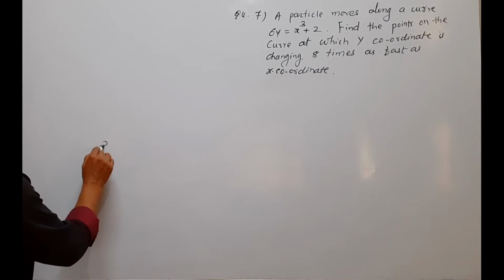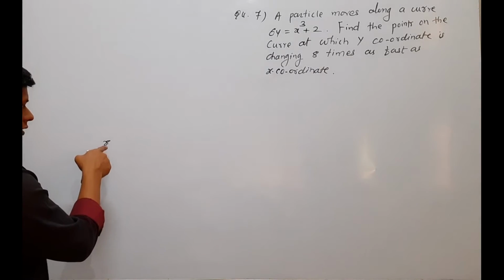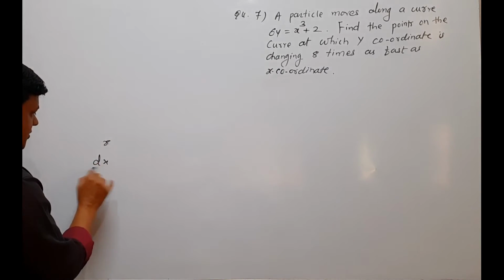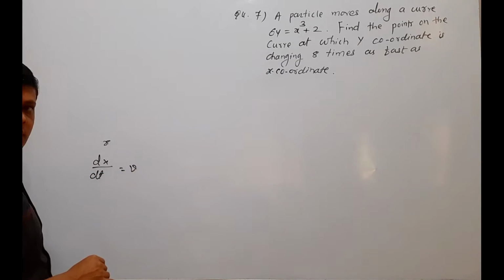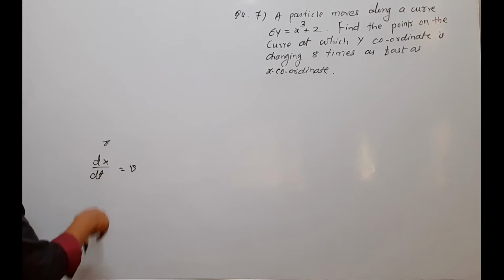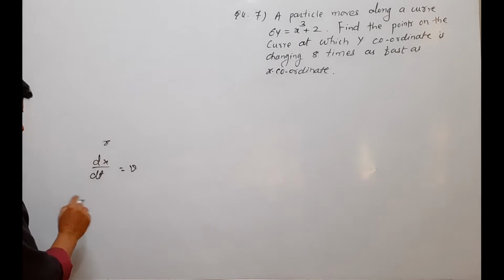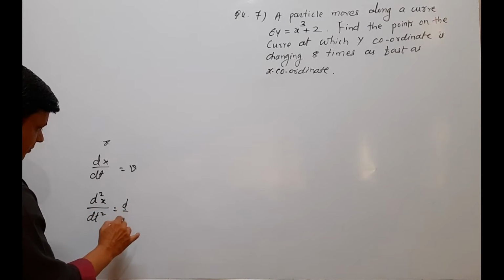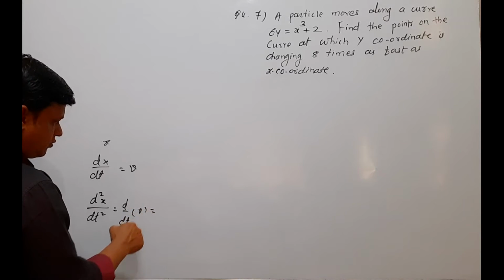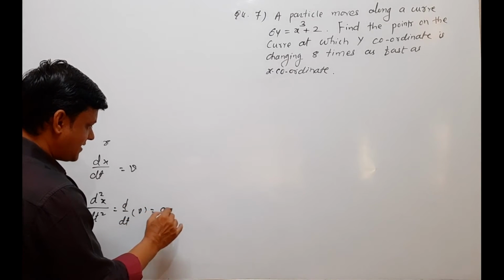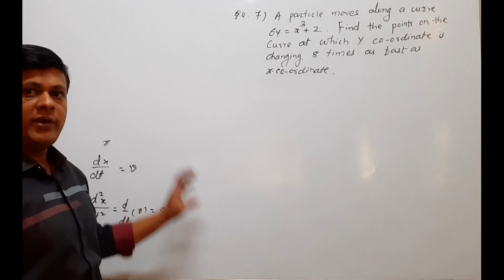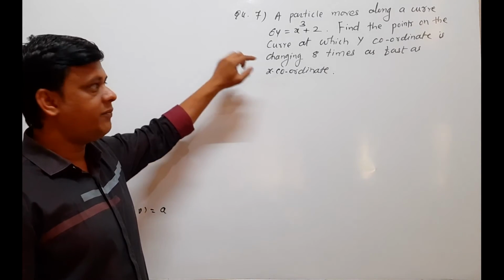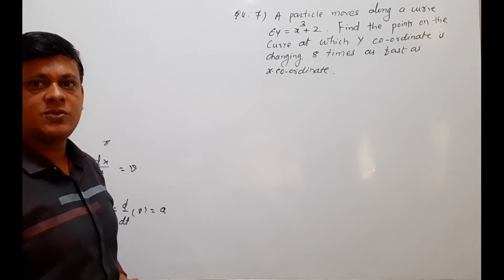We know that if x is displacement, when this function x is differentiated with respect to t, we get dx by dt, which is velocity, and when we differentiate this dx by dt or v with respect to t, we get d2x by dt square, that is d by dt of v. So the rate of change of velocity we call acceleration. So you should always remember, when the word changing is given or a rate is given, that means we have to differentiate that function with respect to time.